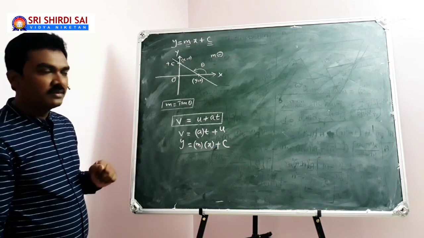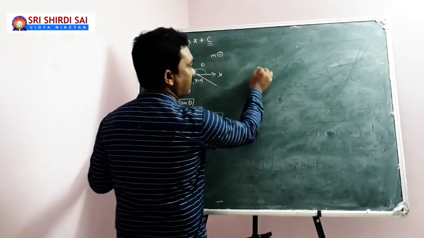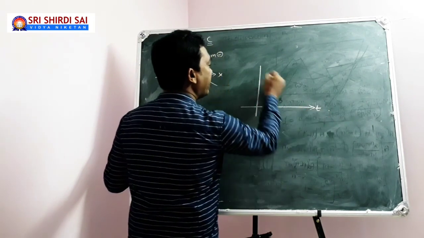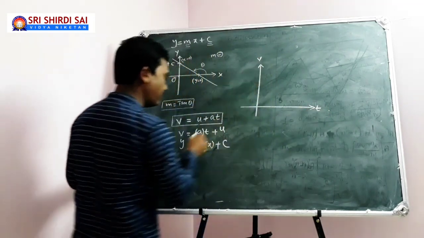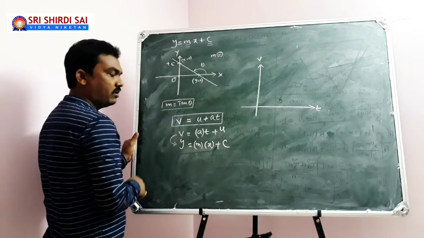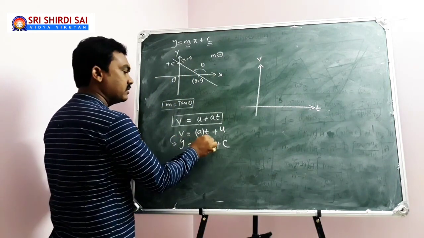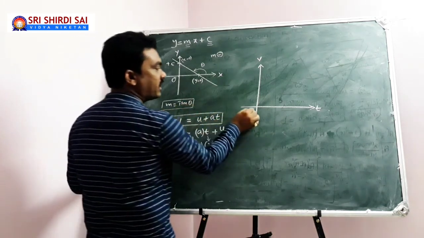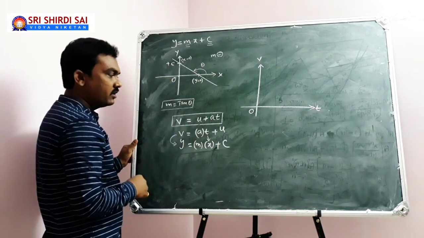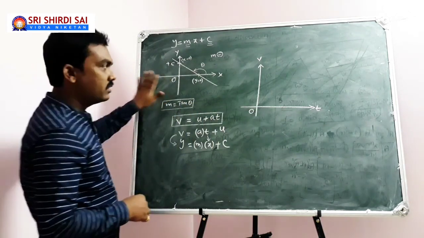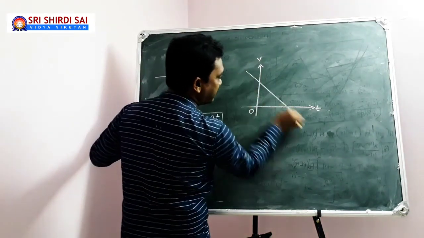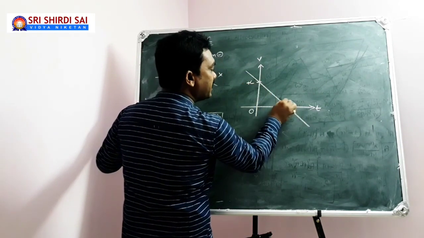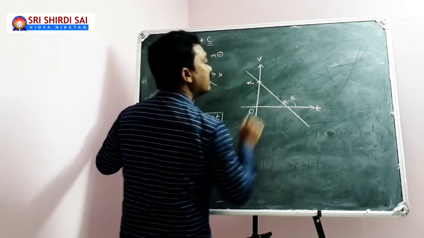This means that if you are coming across a velocity-time graph, with time on the x-axis and velocity on the y-axis, in this particular example your y-intercept is positive and the slope is negative, as you know very well.